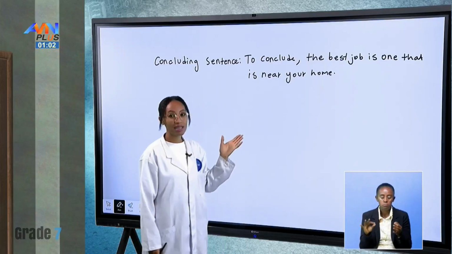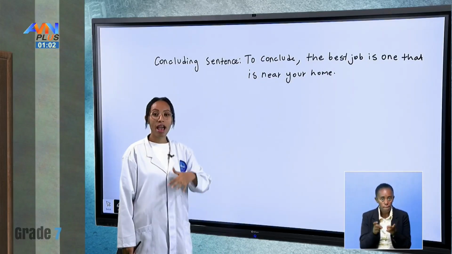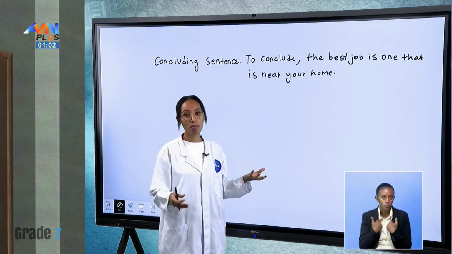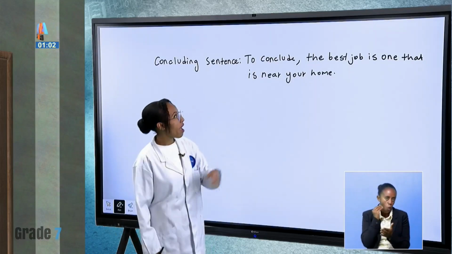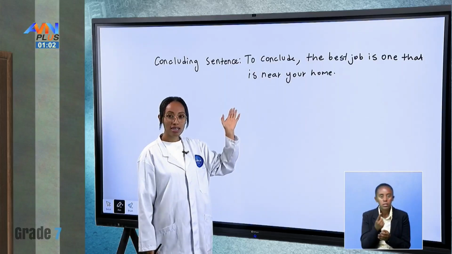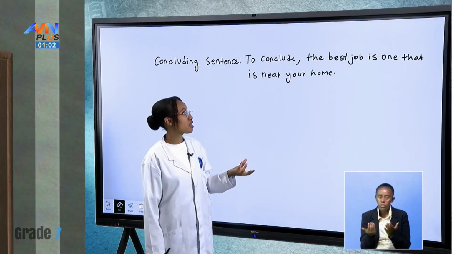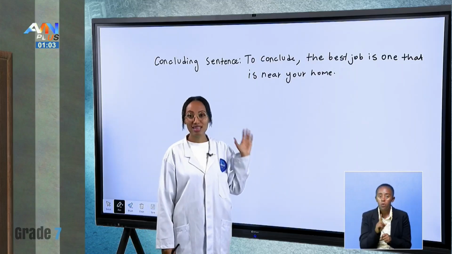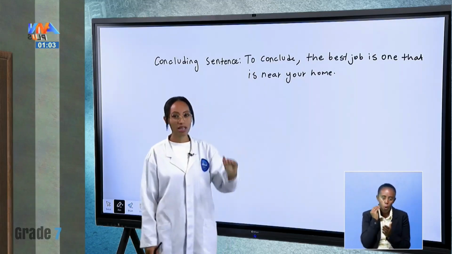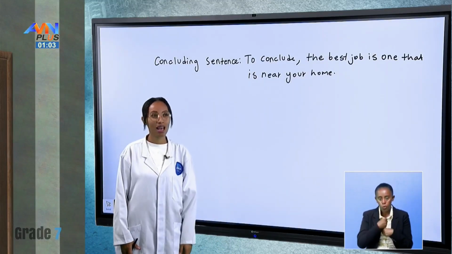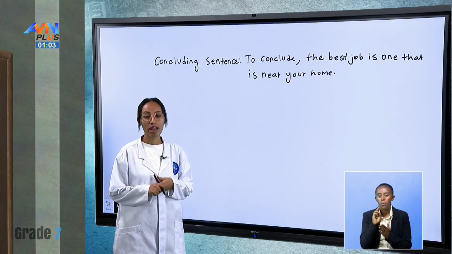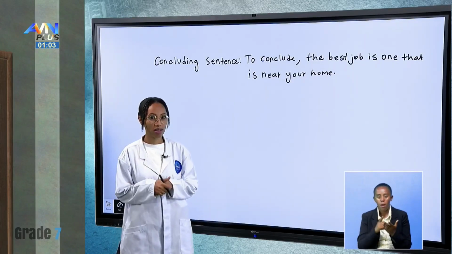The topic sentence said how an excellent idea it is to have a job near your home. And the concluding sentence restated that idea by saying the best job is one that is near your home. So this is how you conclude a paragraph. Let's see another outline, and we will write a paragraph with that outline.